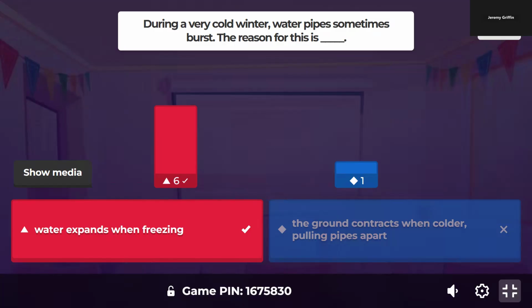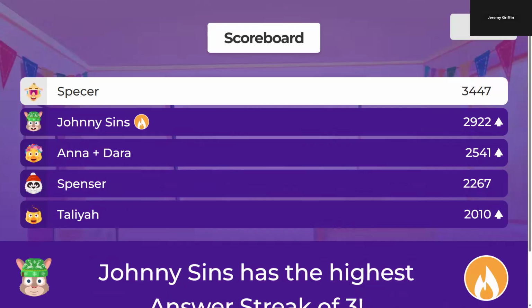Go back a week or two ago in this class. You guys remember ice floats because it's less dense? So it takes up more volume for the same mass. I know my brother lives up north, and anytime they're gonna have a winter storm, they always have to drain their pipes so that the water doesn't freeze and bust the pipes.